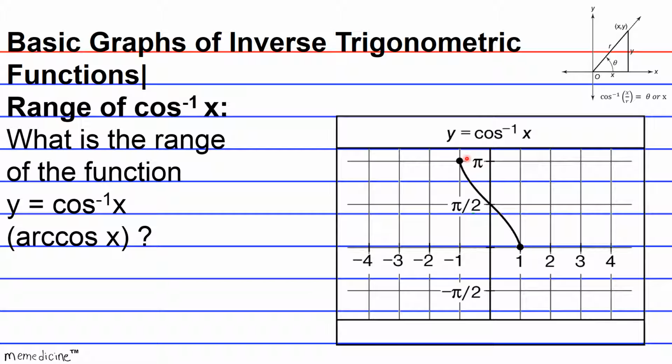Okay, and if you want to measure in degrees, you simply can change your vertical scale from pi to 180 degrees by multiplying by the conversion factor, 180 degrees over pi. Okay, let me show you what I'm talking about.